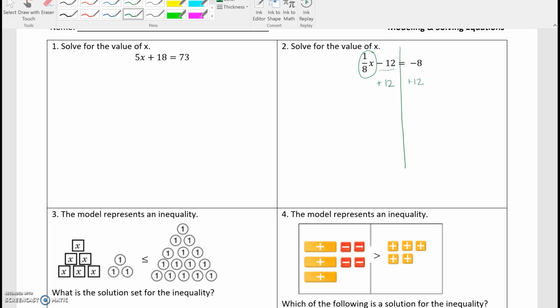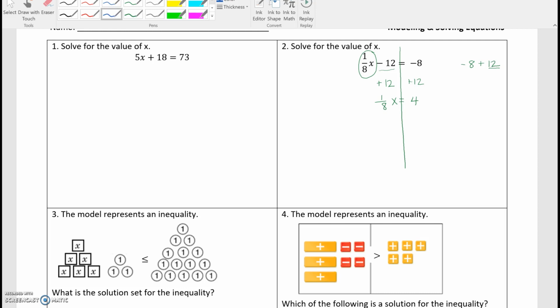When I have negative numbers here, I go ahead and write it off to the right because I need to make sure I get it right with the same sign, different sign, you know, my song. Same sign, add and keep, different sign, subtract. So different sign, subtract. So 12 minus 8 is 4. And I'm going to keep the sign of the bigger number, so the 12. So now I have 1/8 x is equal to 4.